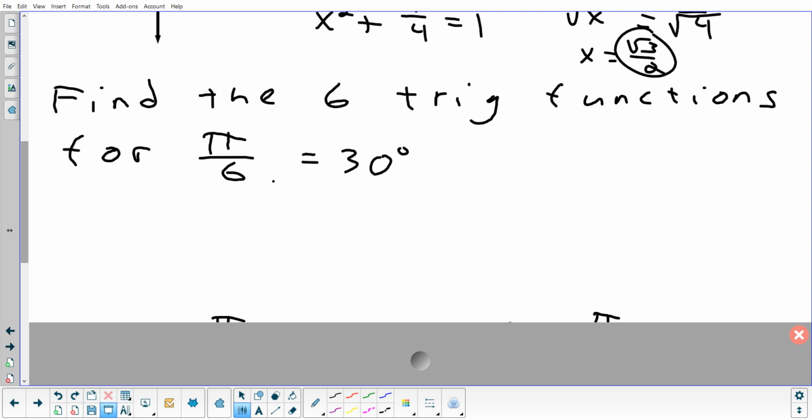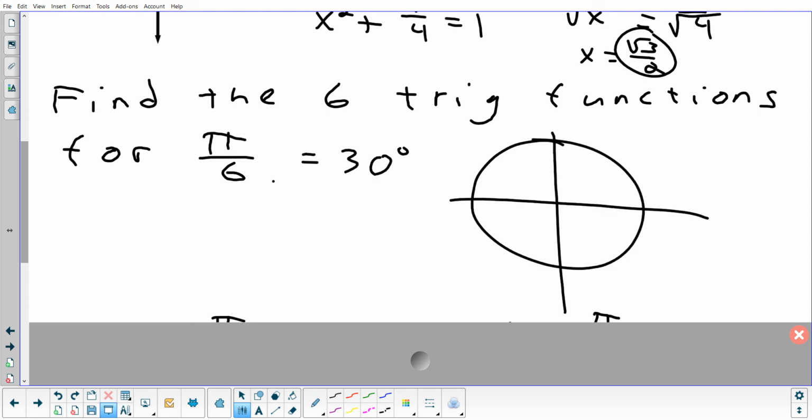Now, I know 30 involves two numbers, square root of 3 over 2 and 1/2. I have to get them in the right order. If you can't memorize them, then draw a sketch. Put 30 degrees. Make a triangle.